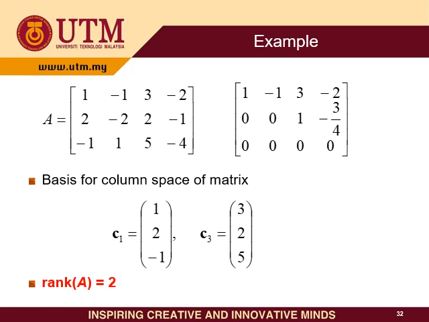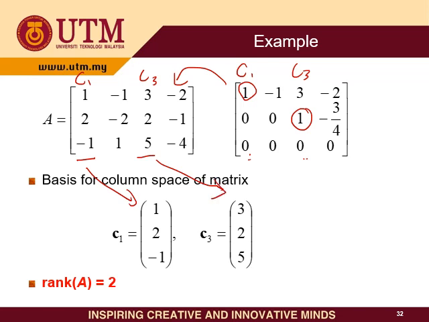For column space, we know that this is our leading one, C1, C3, but for matrix A, we cannot take this value. For matrix A, we need to look back at the columns in matrix A and identify the columns. For this one it is C1 and C3, and this will be the basis for column space A here.